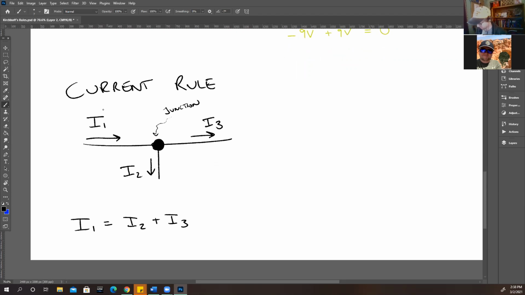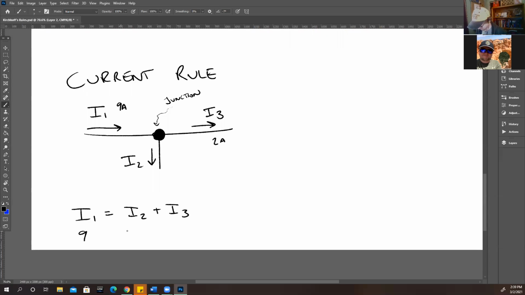So if the current flowing into this junction, I1, was 9 amps, and say this is a test and we only knew that the current over here on this side of the junction was 2 amps, that means the remaining current must have been split off into the second path.